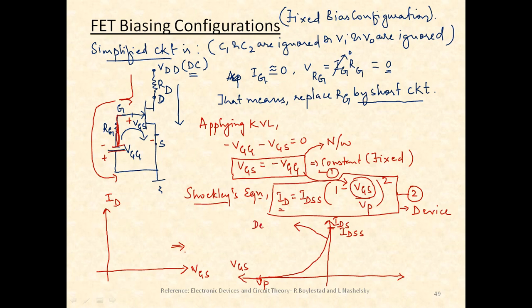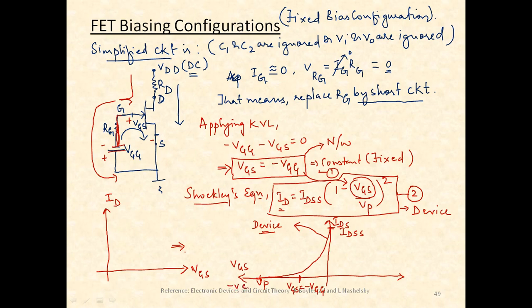This curve represents device equation 2. However, what about this expression? This is for the overall network, the network which consists of the supply VGG as well as the resistance RG. So VGS equals minus VGG. Let us assume that VGG is somewhere here. So VGS is minus VGG.